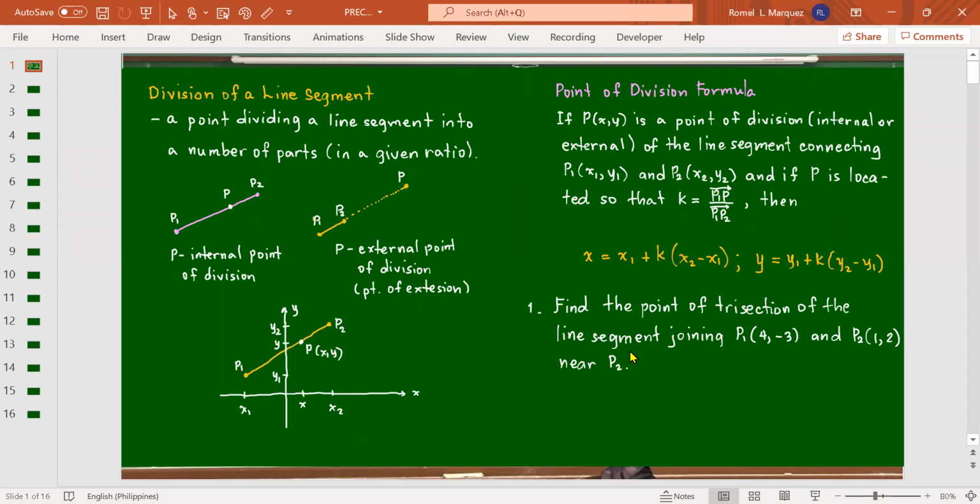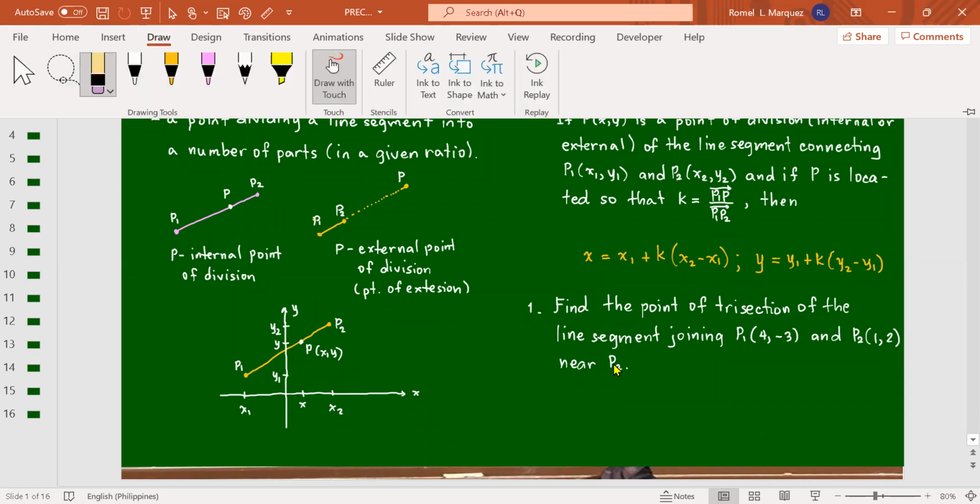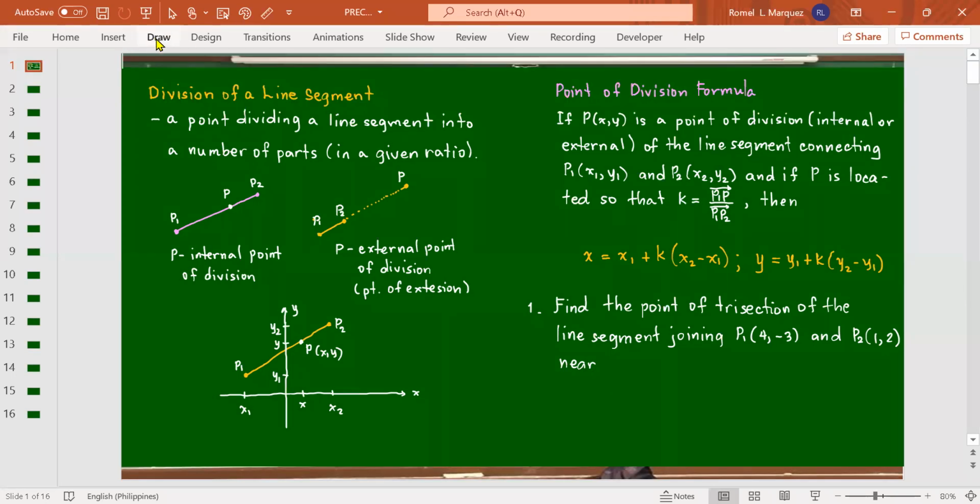Okay? I want to find the point of trisection of the line segment P1, P2 that is near P2. Okay, guys? Nearer. Because there are two, I think, there are 2 points of division. Nearer P sub 2.